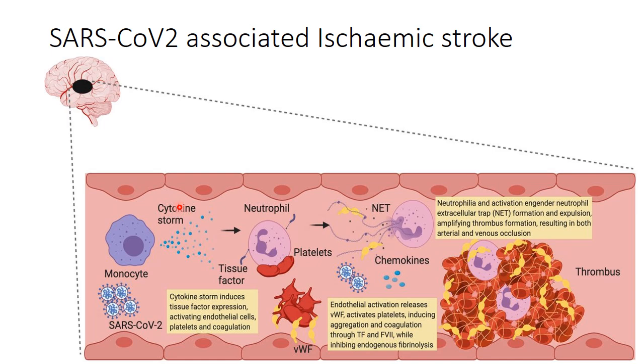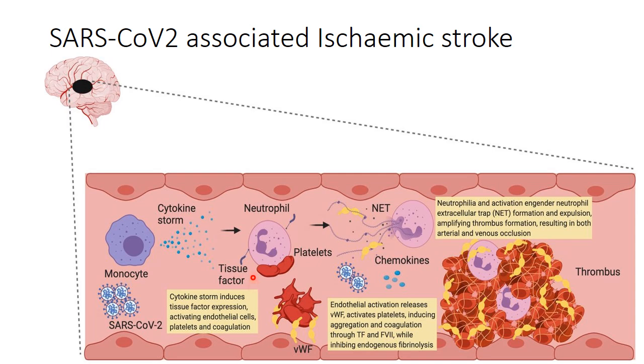This cytokine storm subsequently induces production of tissue factors, and also activates the endothelial cells and platelets. Endothelial cell activation results in the release of von Willebrand factor, which typically activates the platelets and induces platelet aggregation and coagulation through the tissue factor and factor 7. And it also inhibits the endogenous fibrinolysis.